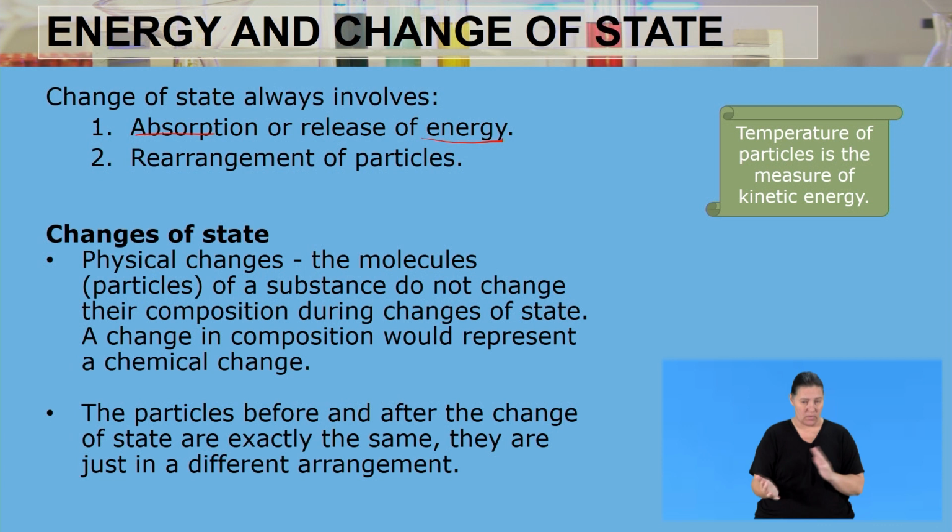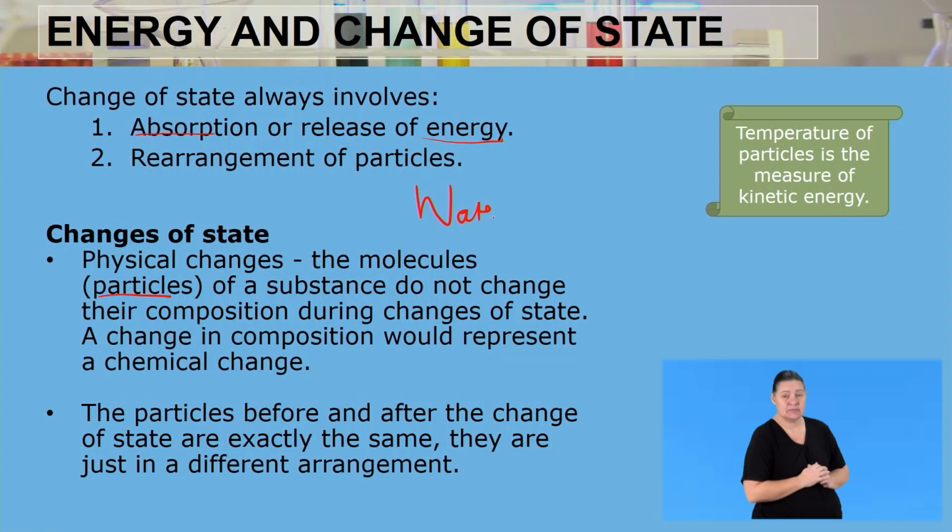So the change of state as a physical change, what are we talking about there? We're looking at the molecules, or the particles of a substance, which do not change their composition. Once they change their composition, that is referred to as a chemical change.